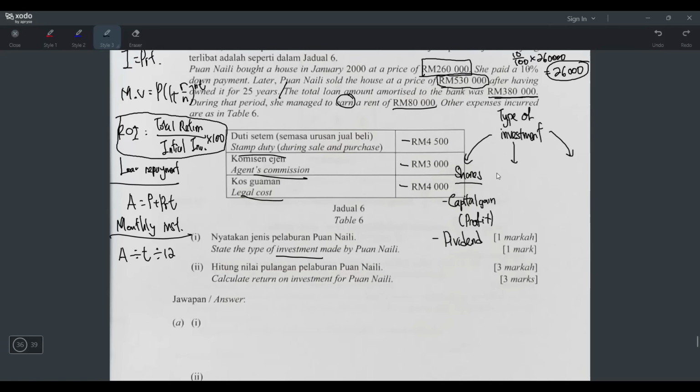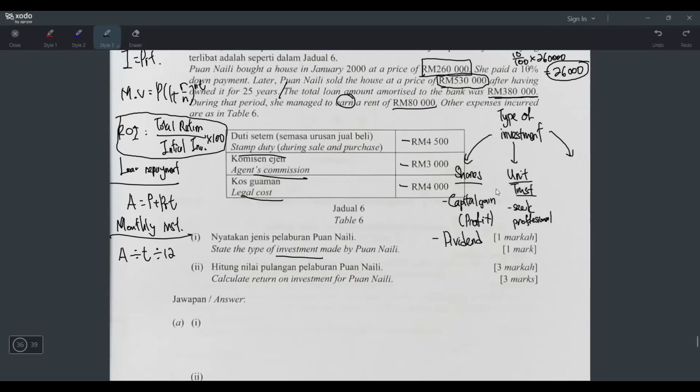Next type of investment is called unit trust. How does unit trust work? It's for those who have no knowledge of the purchase of shares. So I will just write here, seek professional. What's the meaning of seek professional?